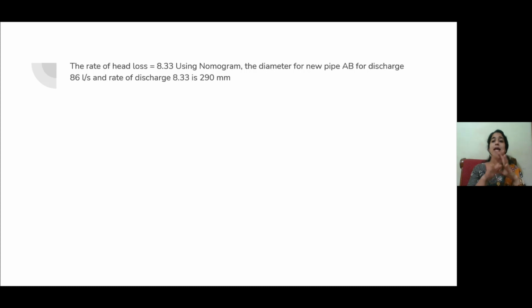So we replace the entire pipe network system with a single equivalent pipe AB having a length of 600 meters, a diameter of 290 mm, a rate of head loss of 8.33 and a discharge of 86 liters per second.